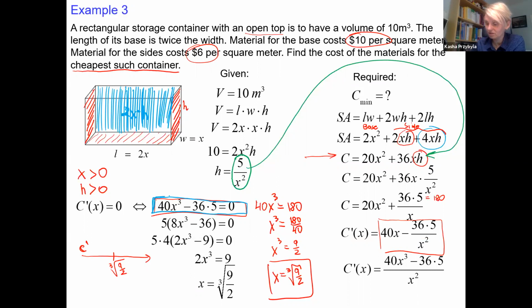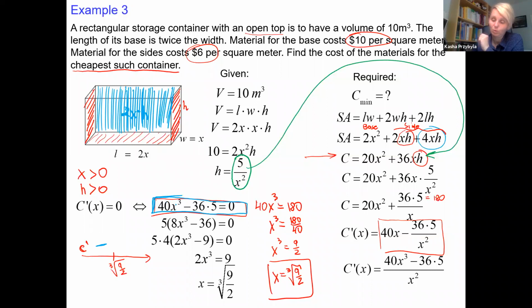Yeah, I can just test this. When I pick a small number, I will have 40x cubed, 40 minus 180. That means this will give me negative. When I pick a bigger number than the cube root of 9 over 2, we can approximate, but that number is definitely smaller than, let's say, 5, 6, 7.